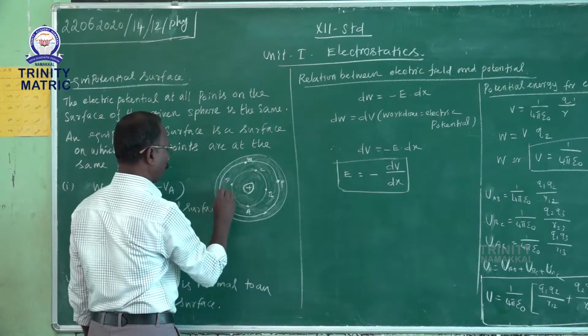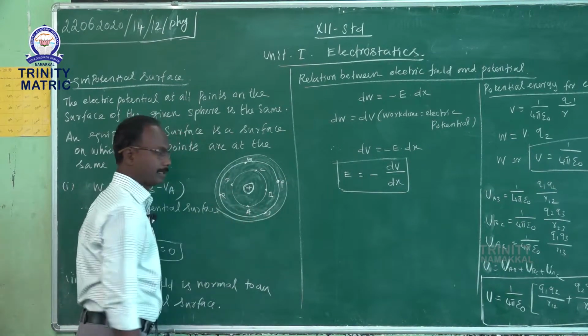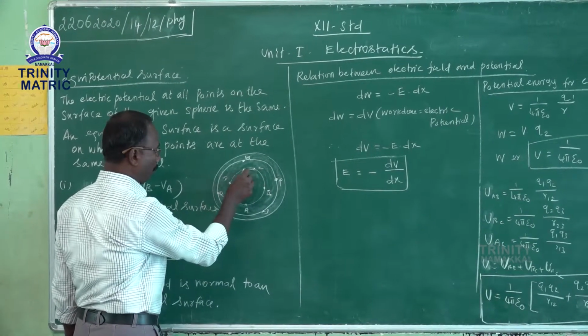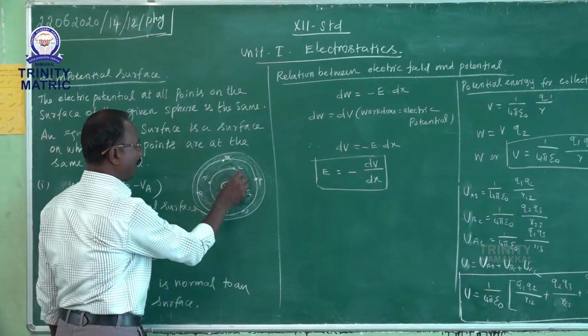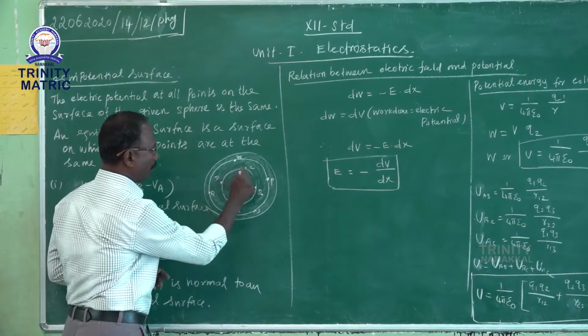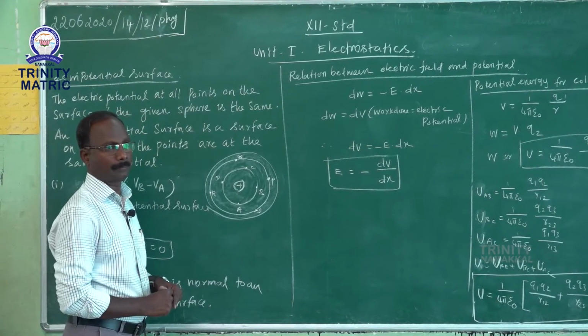P, Q, R, S. A, B, C, D, all points having the same electric potential, then its surface is called an equipotential surface.